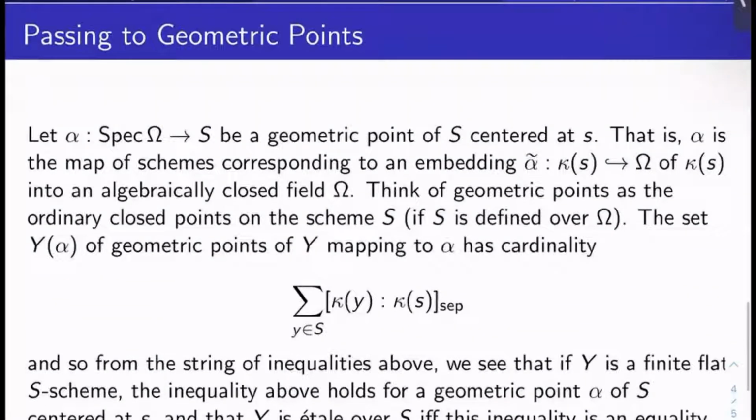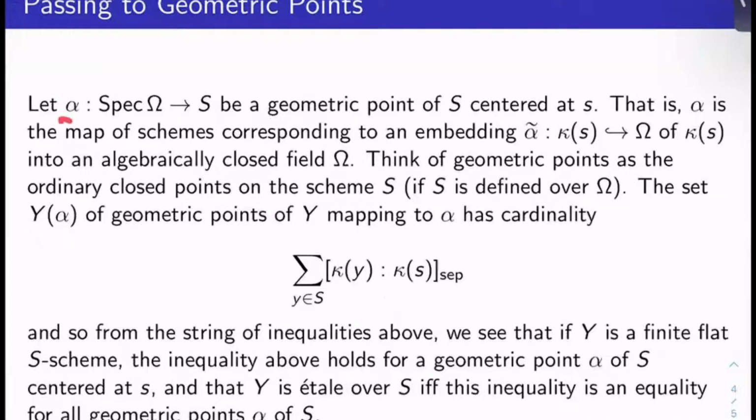Okay, so we can do a little bit better though, because the term point in scheme theory is very general and nebulous sometimes. A lot of different things qualify as points of a scheme. So let's actually just let alpha from spec omega to S be a geometric point of S centered at little s. That is, alpha is a map of schemes corresponding on the ring theoretic side of things, using the categorical equivalence, to an embedding alpha tilde from kappa of s into omega.